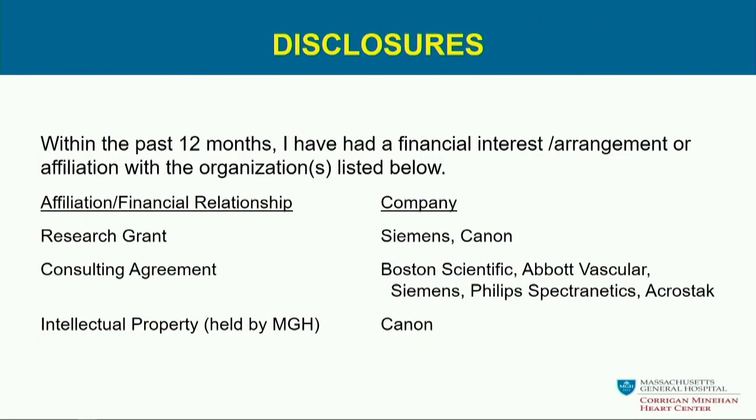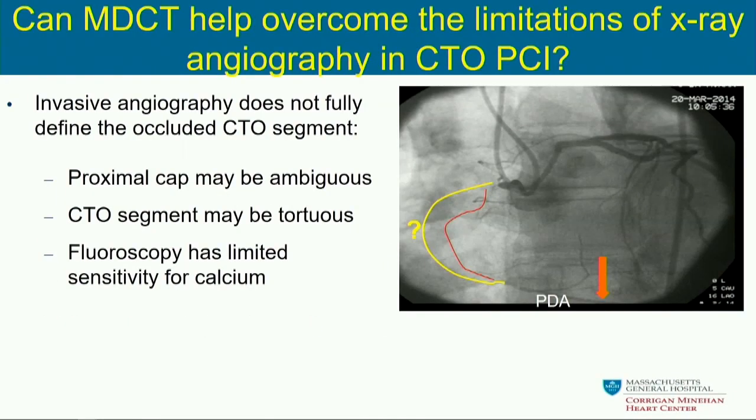So my disclosures. And for those of you who, of course, are familiar with coronary CT, it might not have been obvious, but for CTOs, this is particularly useful because X-ray angiography cannot fill contrast into the body of the CTO, whereas CT itself can see the vessel wall, certainly calcium, and identify the course.